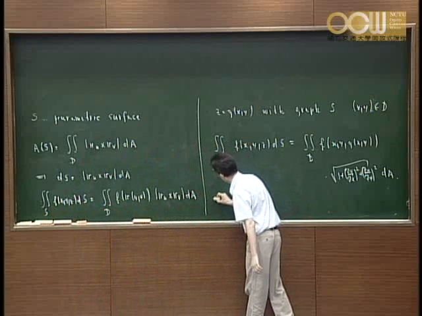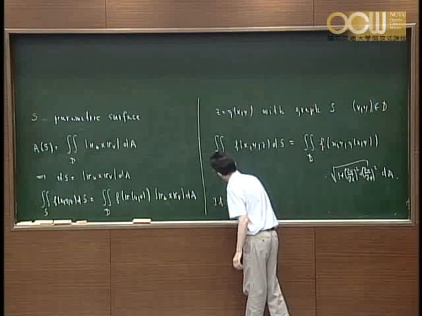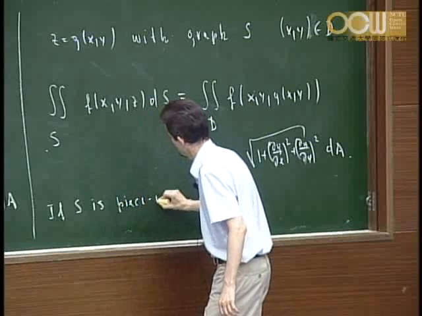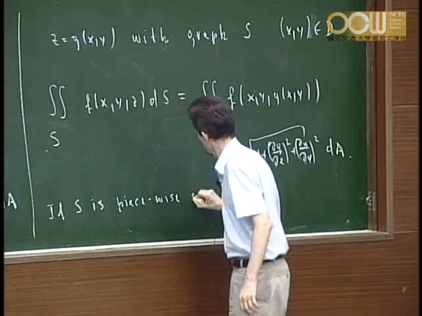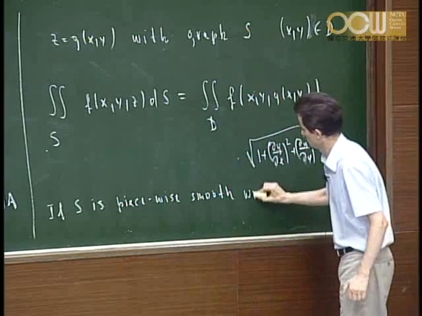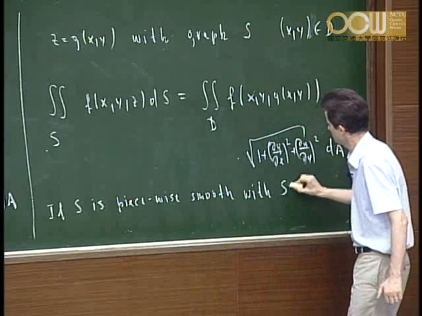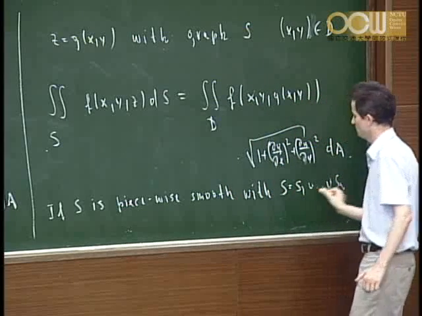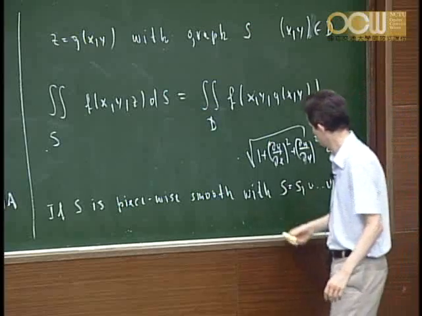So if S is piecewise smooth, this means you can decompose it into smooth surfaces.